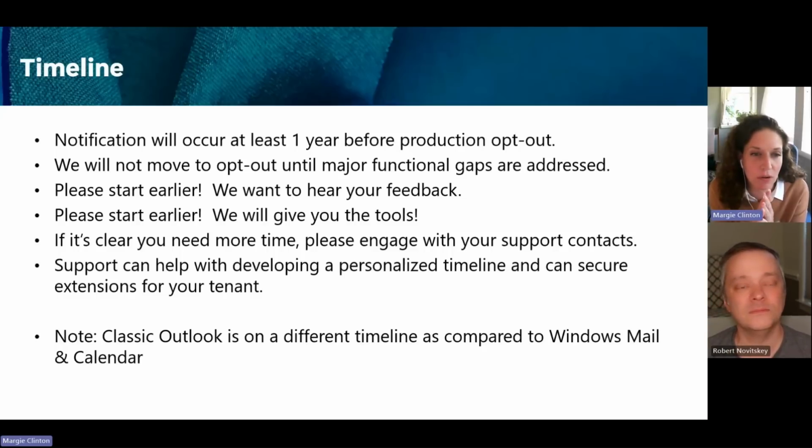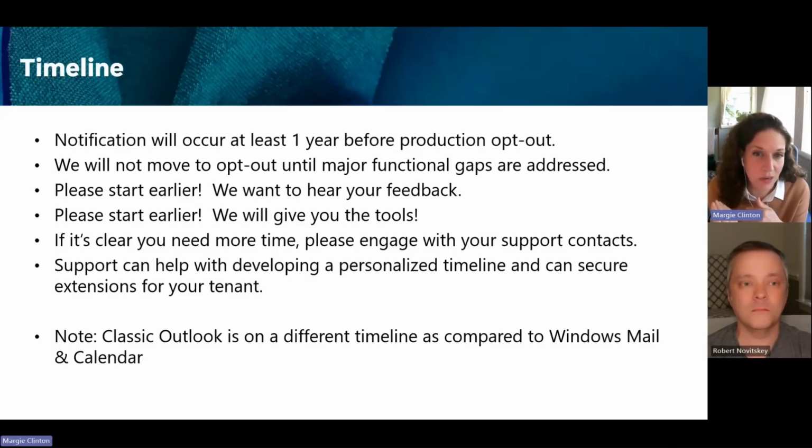I also want to do a shout out and make a note, which is you may have been hearing timelines and communications around how we're operating on that opt-in, opt-out timeline for the Windows inbox, mail, and calendar apps, whether that's already come out in the news or there's forthcoming news. Just want to be very clear that we are operating on different timelines for what opt-out and what cutover would look like for the mail and calendar apps than what we are looking at for the Win32 Outlook app.